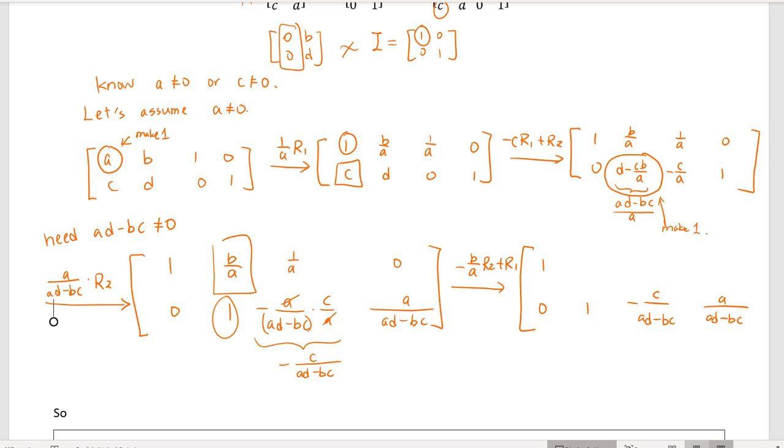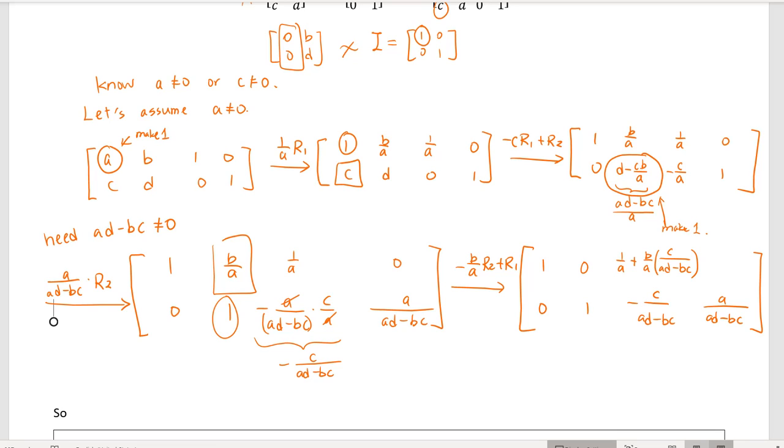And then here B over A minus B over A becomes 0. And then the next one, we get 1 over A minus B over A times negative, which becomes positive, C over AD minus BC.